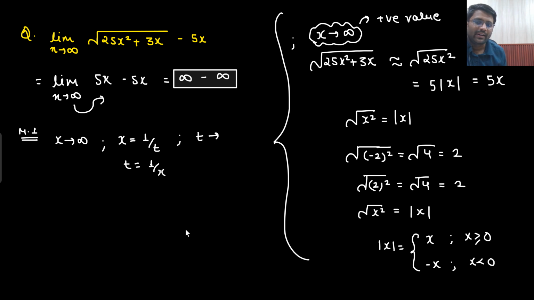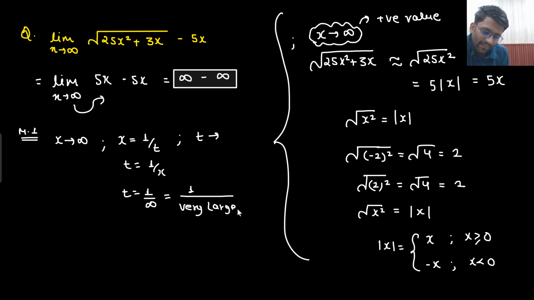X is tending to infinity, right? What does that mean? If t is 1 by x and x is tending to infinity, then it is simply 1 by a very large positive value.